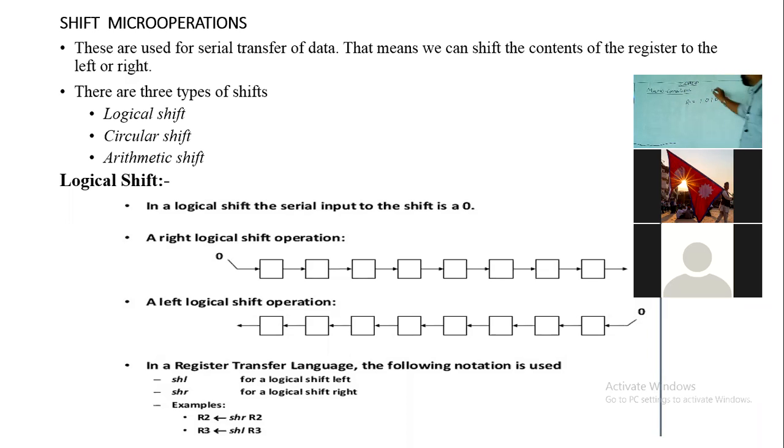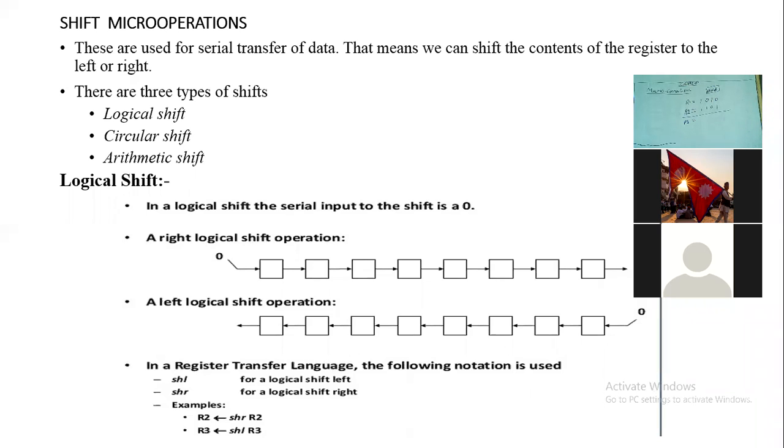If we want to perform the add operation, we need two operands, two numbers. One number, 1010, is stored in the R1 register, and the second number, 1101, is in the second register R2. Now we have to add the content of these two registers and store the result in the R3 register.